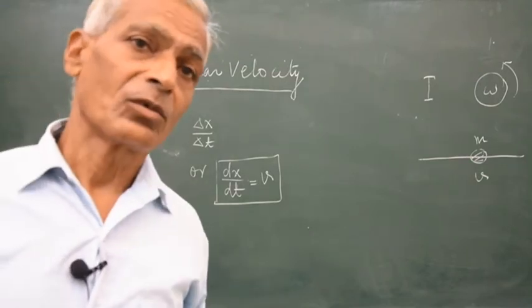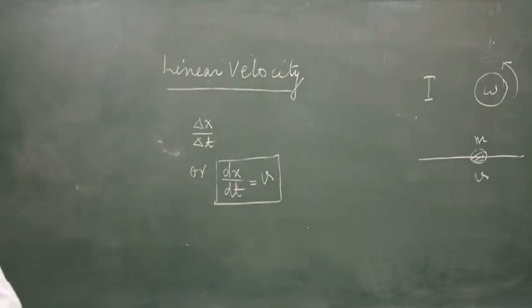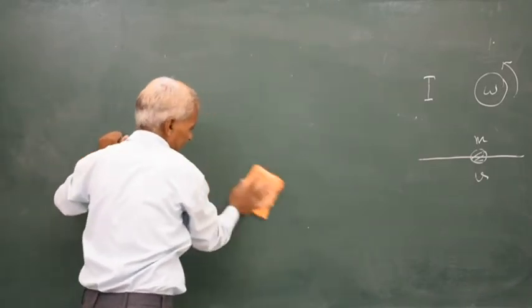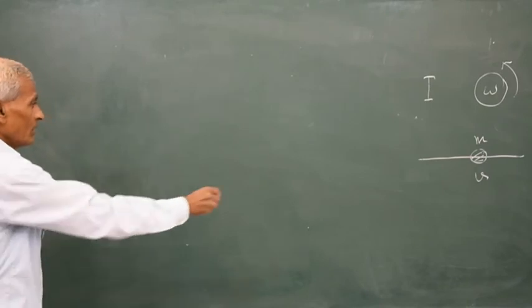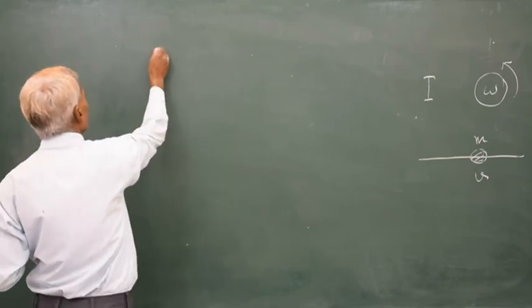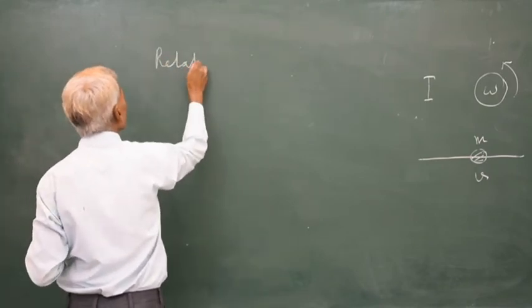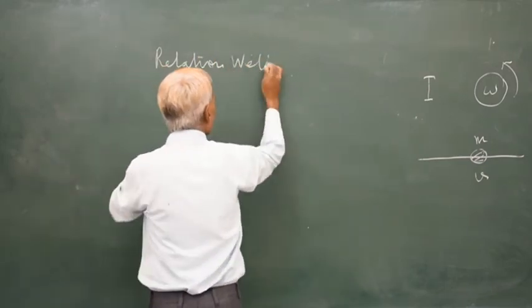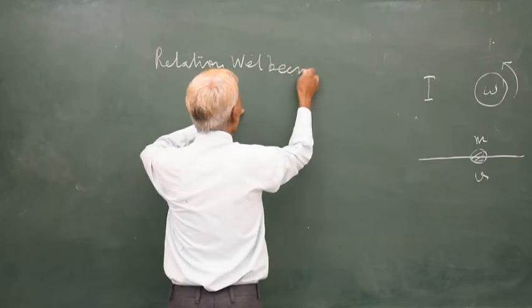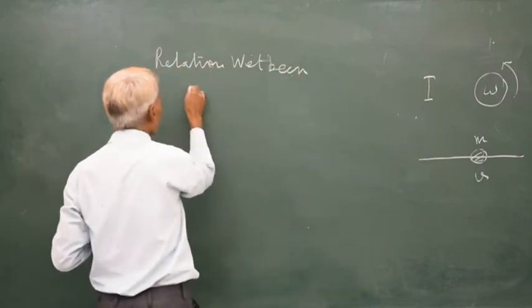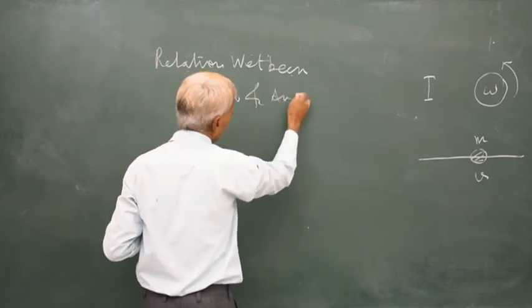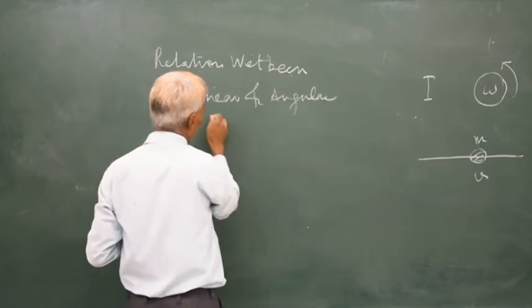Now the relation between angular velocity and linear velocity. These are basic tools. Now the relation between linear and angular velocity.